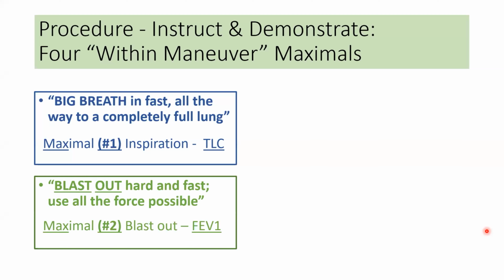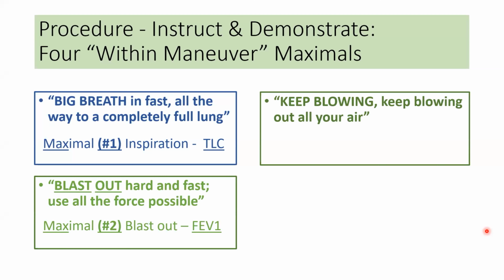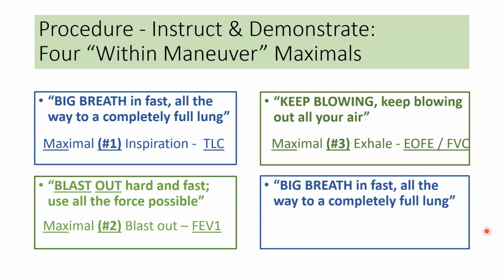This gives us our maximum number 2, blast out, from which we get our FEV1. Keep blowing, keep blowing out all your air. This brings us to our maximum number 3, end of forced exhalation, from which we get our forced vital capacity. Big breath in fast, all the way to completely full lung, gets us to our 4th maximum, the FIVC, forced inspiratory vital capacity.